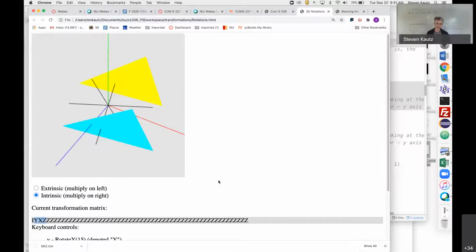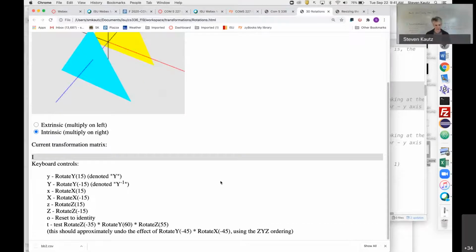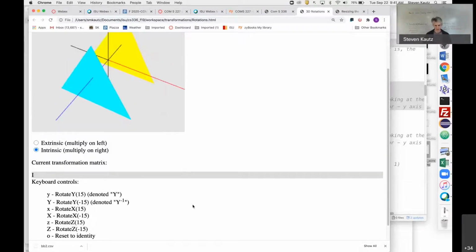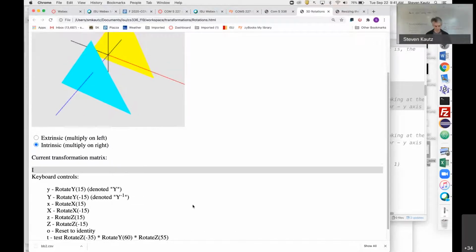All right, so this is useful for developing some intuition about Euler angles in general. But in particular, I wanted to try out a theory.